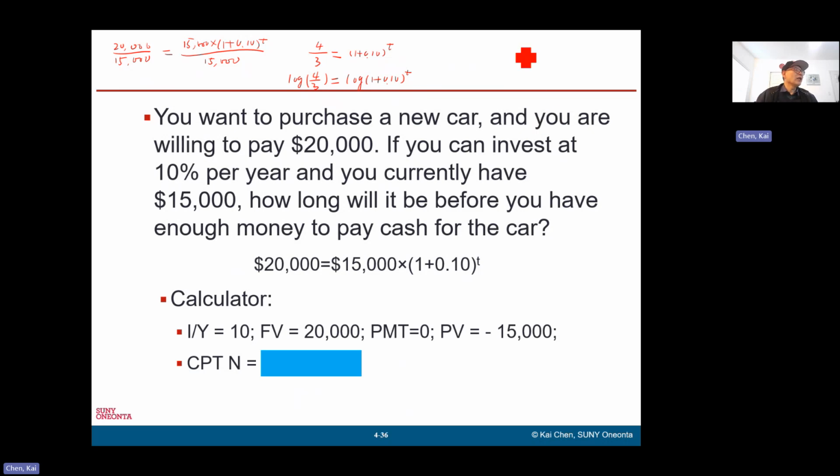Now, we can write the right hand side as t times log of 1 plus 0.1, that is 1.1, right?